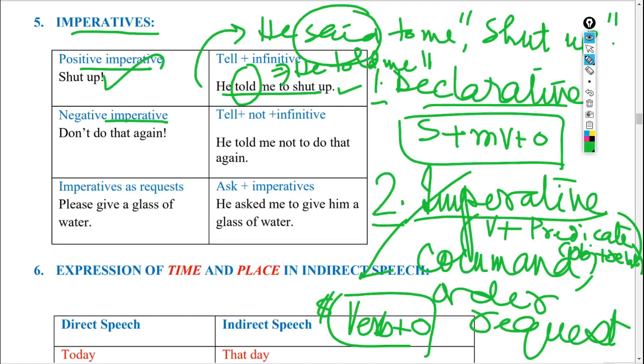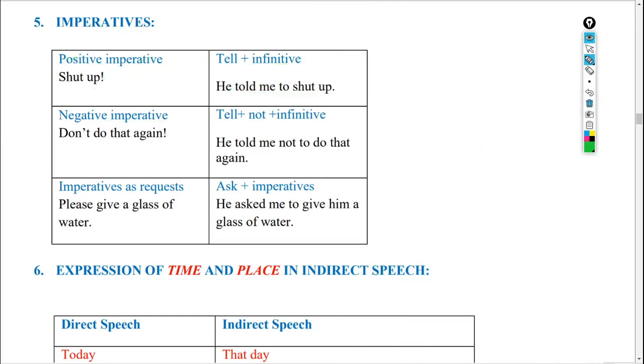After that, the conjunction will never come here. So you will have to write the infinitive form. This is the verb, and before the verb, to will have to be used to make it infinitive. When you are rewriting the infinitive form, the verb will have no change; it will be as it is. Therefore, the answer will be, he told me to shut up.